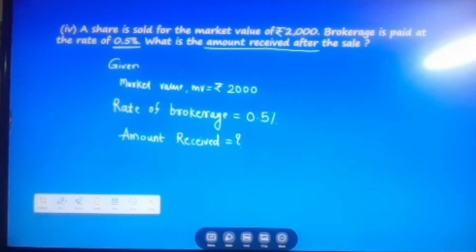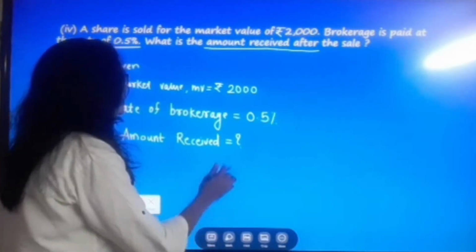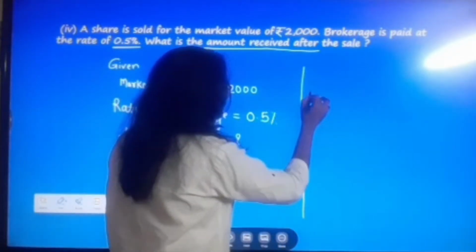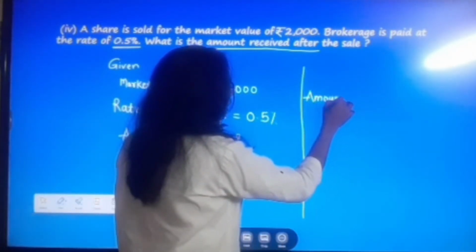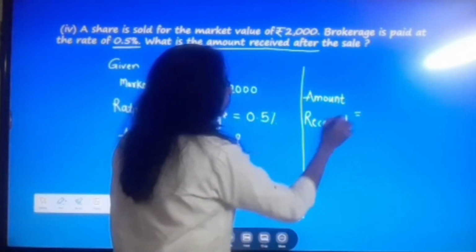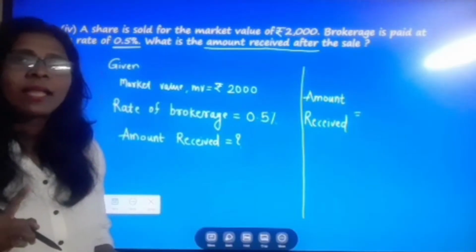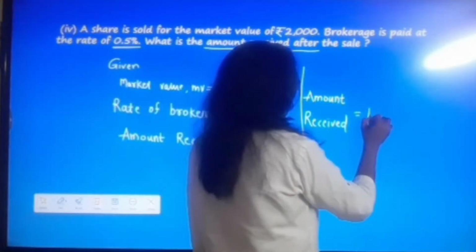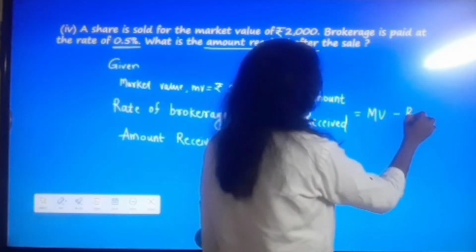So here, we have to calculate the amount received. The formula is: amount received is market value minus brokerage.